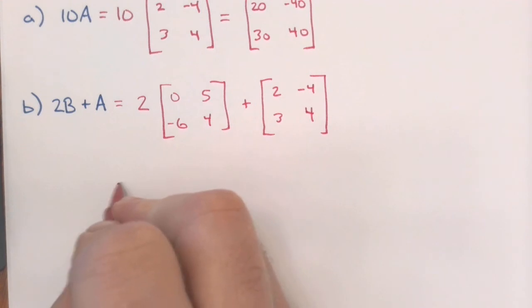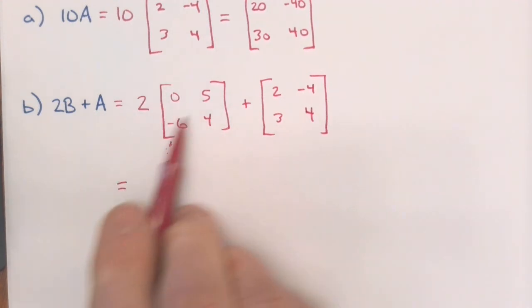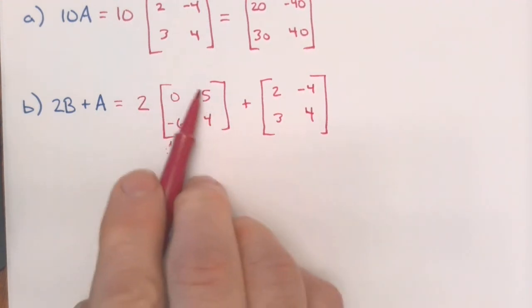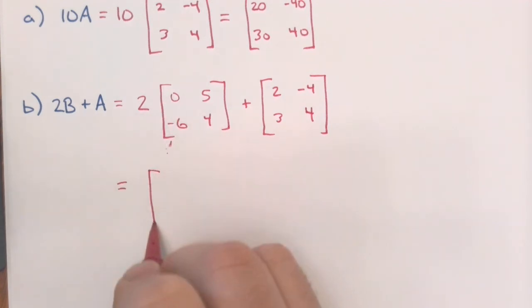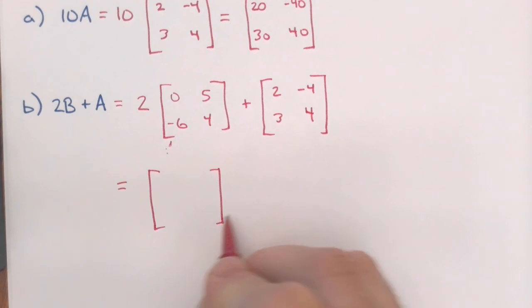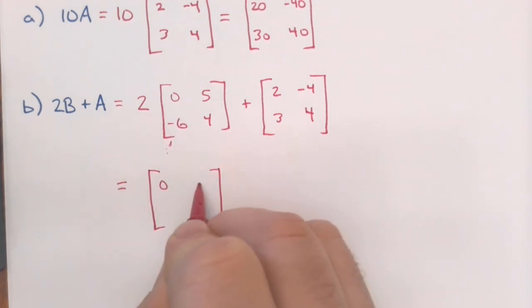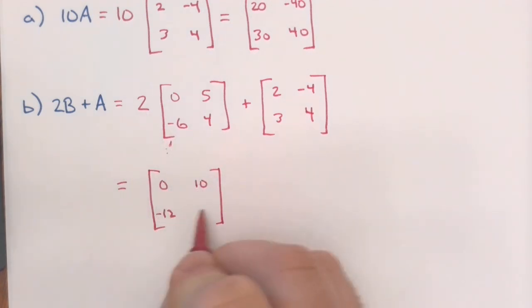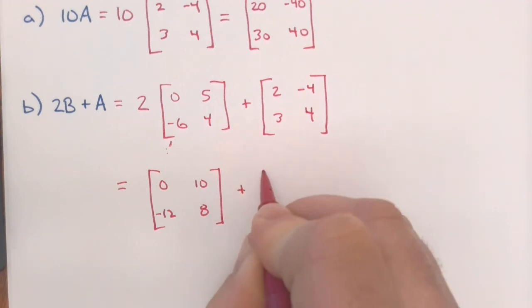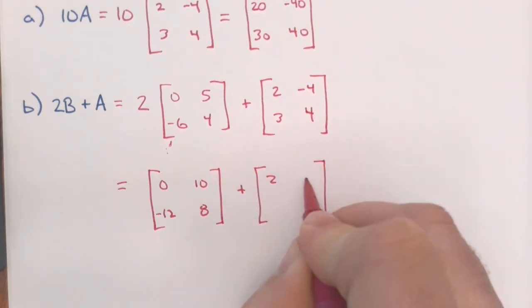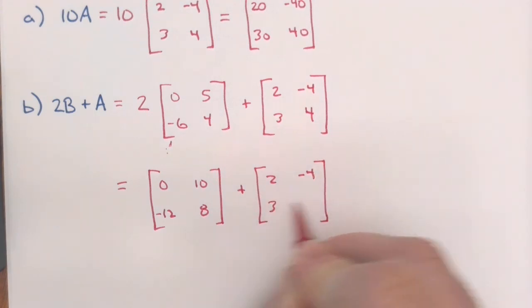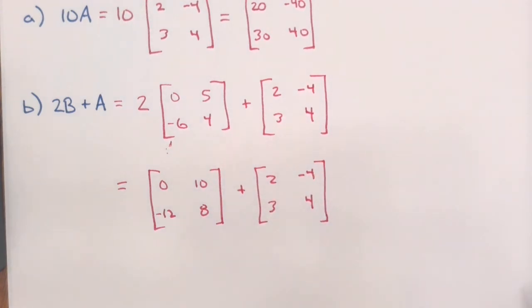We would do the multiplication first. So first I'm going to multiply 2 times each one of the elements in this matrix. So that would be 0, 10, negative 12, and 8. Didn't do anything with this second matrix, so I'm just going to copy that down again.